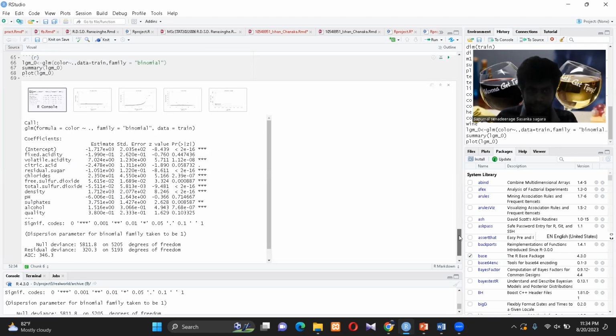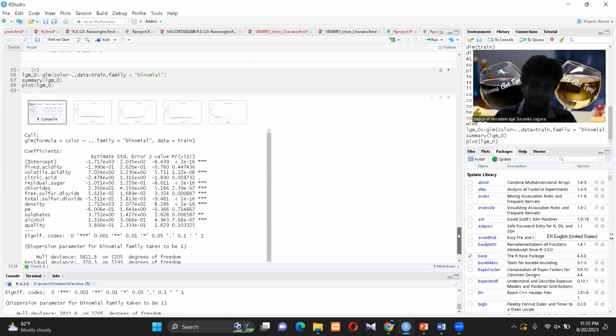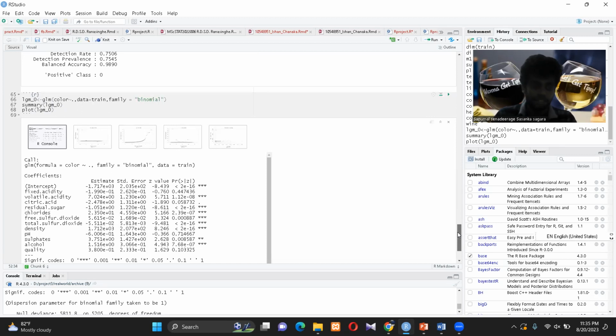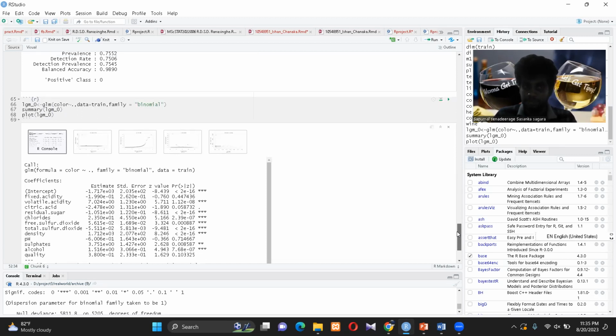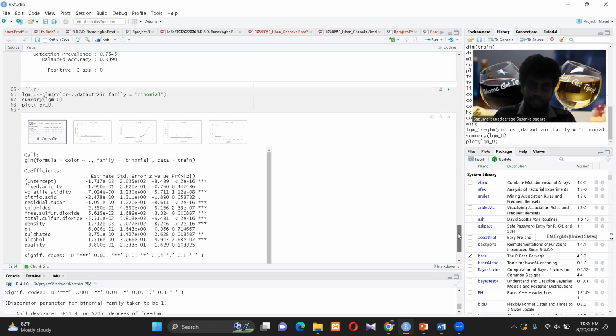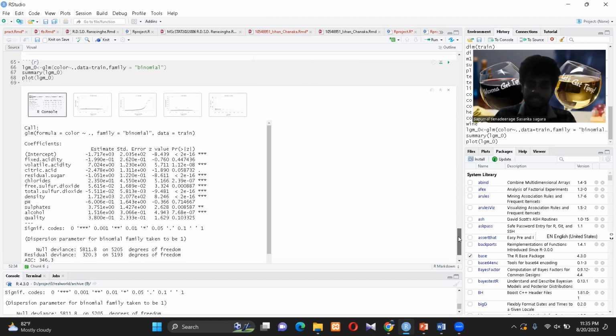This can happen due to some density distributions. Some variables can be biased, so sometimes they can be overfitted, right? Due to them, those types of things can happen. Somehow you can try some more models.